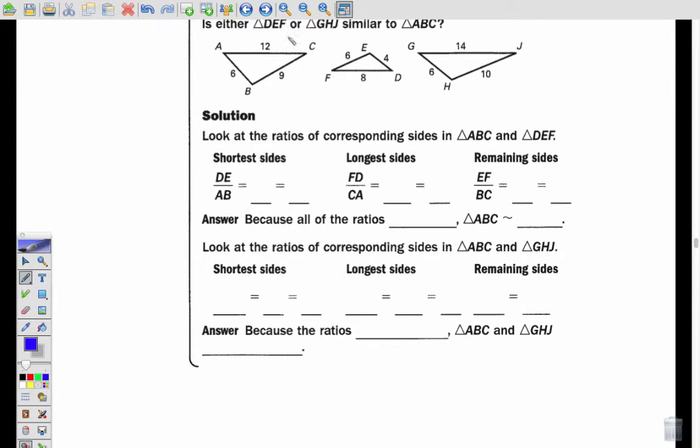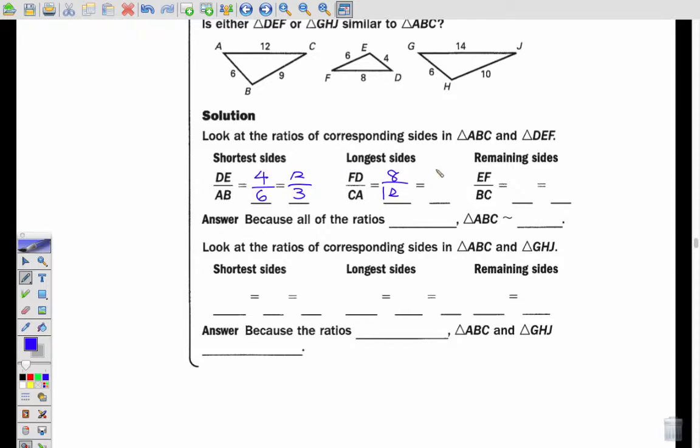is the shortest side. DE obviously is my shortest side because 4, 6, 8, right? So DE is 4. And in this triangle, the shortest side is 6. And if I simplify that, I would have 2 over 3. Now I go for the longest side. The longest side is 8 in this smallest triangle, and in this one is 12.